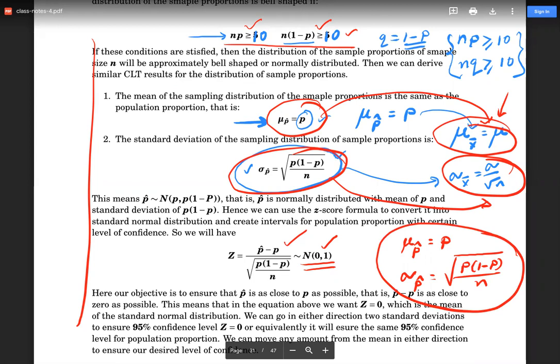Okay? And then from this, once we know the behavior, that's why the central limit theorem is so central and important to the study of statistics. Once we can convert things to the standard normal distribution, the central limit theorem ensures that this is normally distributed. Once we know that, we can convert it into the standard normal distribution, which is something we already know.